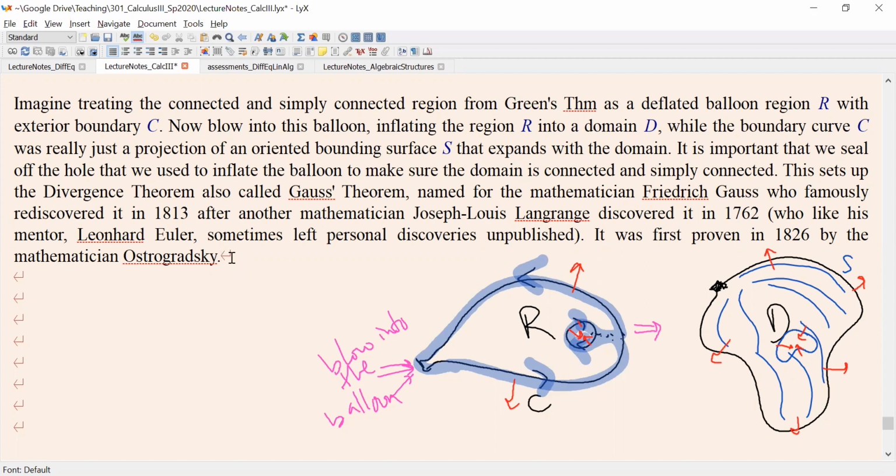First, I will mention that there are a lot of mathematicians involved in the discovery and proof of this divergence theorem.